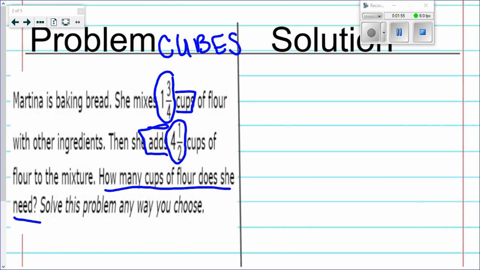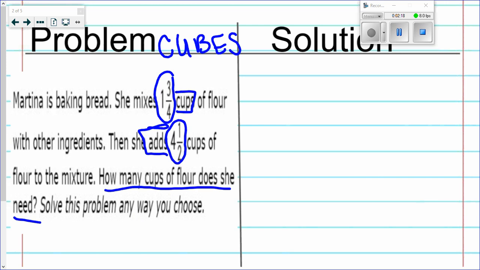The next step of CUBES is that I need to visualize and evaluate what I'm really figuring out in this problem. So I think about it as if I was making bread. And I have 1 3/4 cups of flour, and then I'm going to add another 4 1/2 cups of flour to my bread mixture.